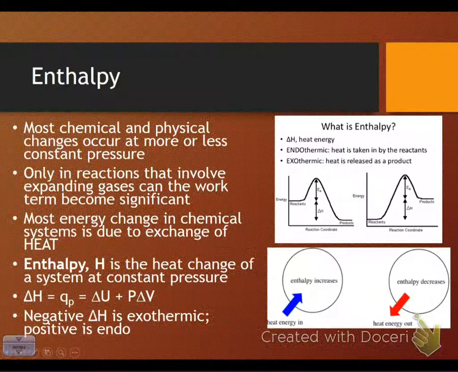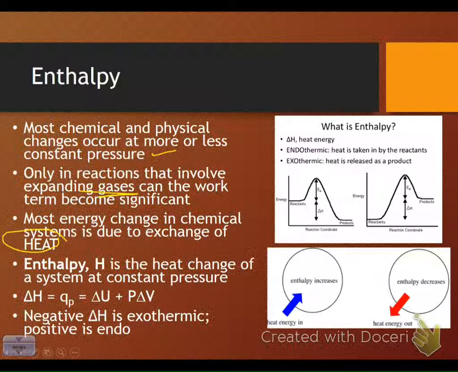All right, let's go into enthalpy, which is one of our last few things here. Most chemical and physical changes that we have in chemistry occur at constant pressure. We talked about that. If there's gases, that's when we have to worry about the work term. So most energy changes in chemical systems is due to the heat. So that Q term in chemistry is usually, almost always, the most important.